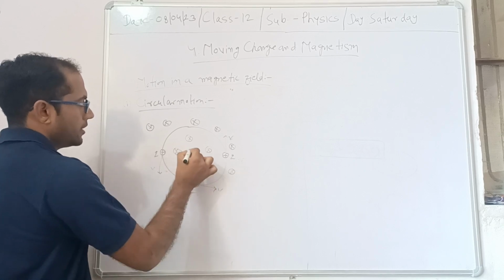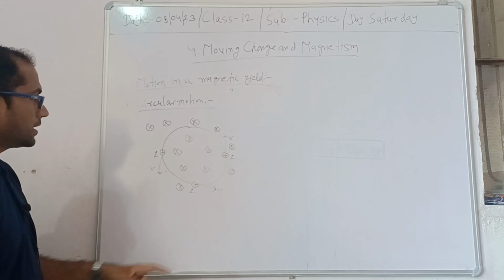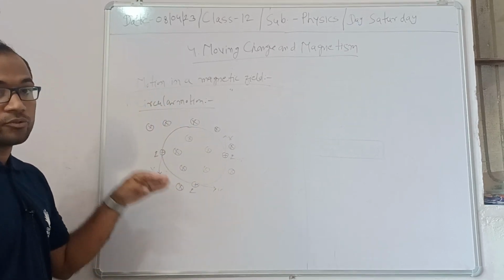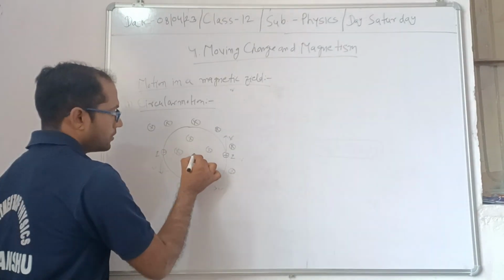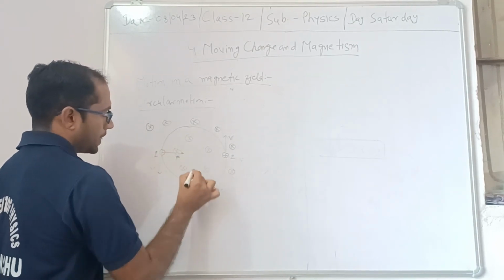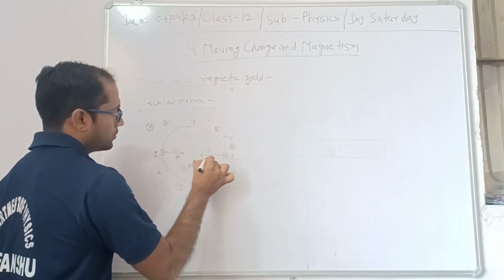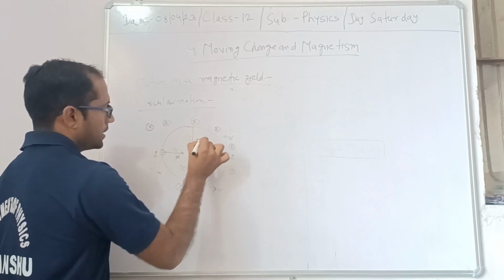So in this case, if we discuss the direction of force, in circular motion the force is the centripetal force F. The force direction is toward the center at every point.